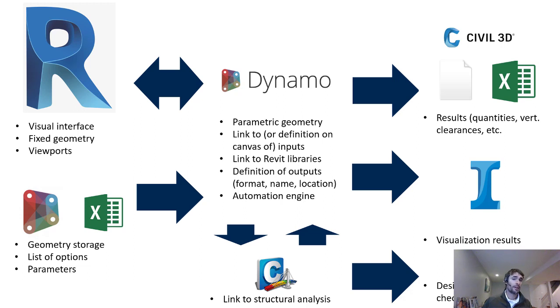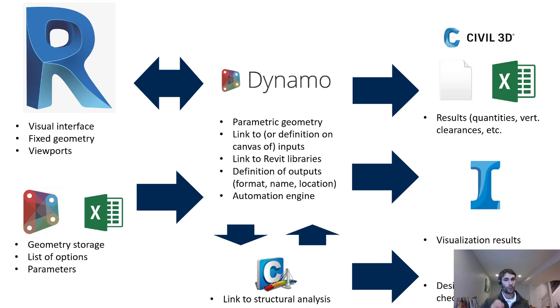One of the big powers of this is that we're able to link to our Revit libraries. So we'll show you how we can create families or use the preset family libraries from Revit to generate some of our structural members, which really saves a lot of time and makes this much more efficient and effective. And we can even define outputs if we want to.